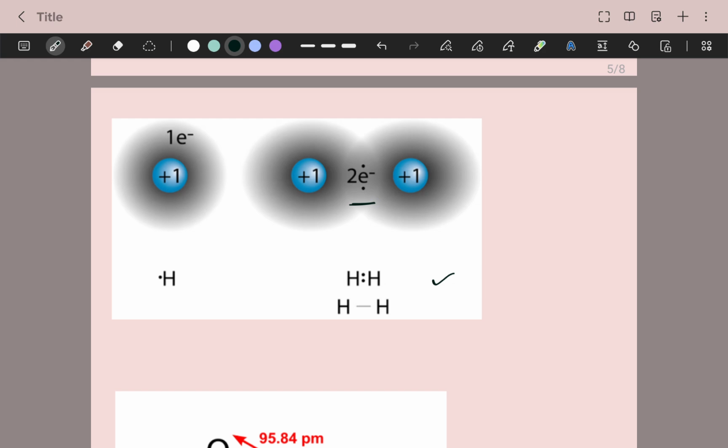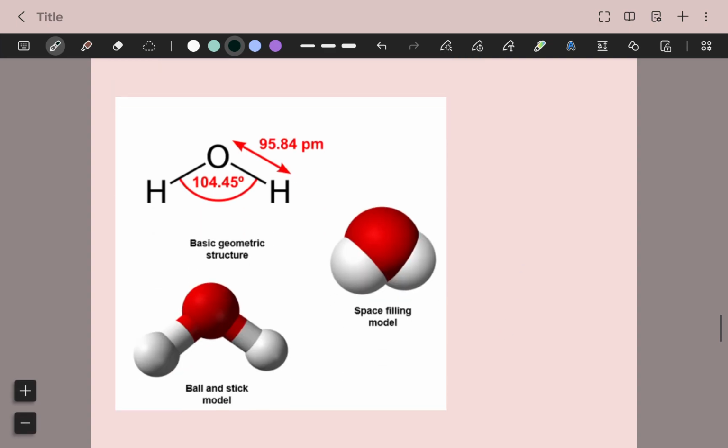There will be a repulsive force between them, but the electron cloud is attracted by the nucleus of the other atom. Clear? Then you can see there is a space-filling model also. For water you can see. Then there is the ball and stick model. Here these sticks represent the bonds. Okay, so this much was there.